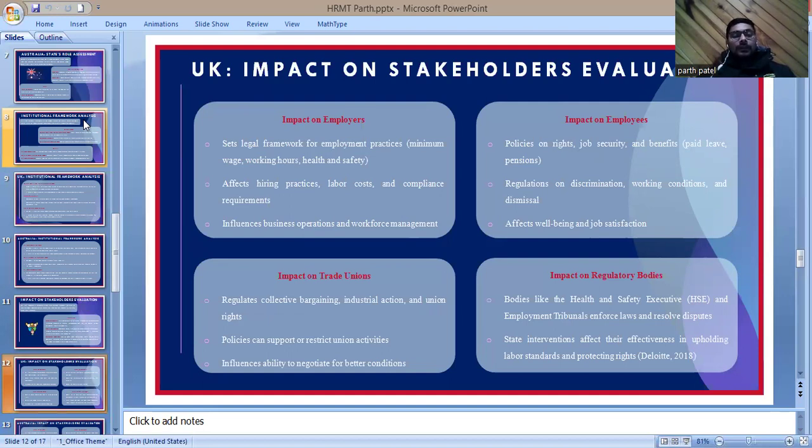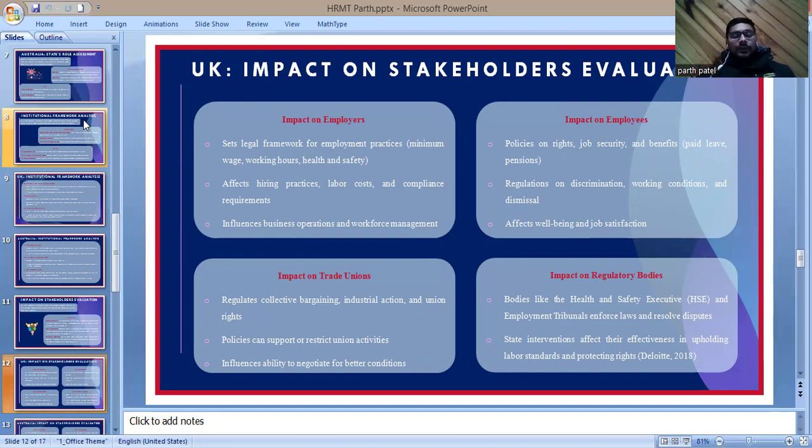Employees and workers are sensitive to government decisions on their collective rights, job security, and privilege to get holiday allowance and compulsory saving scheme. Third is impact on trade union. The state regulates the collective bargaining process of the workers and their action, as well as the position within the union, and the impact on the regulatory bodies.